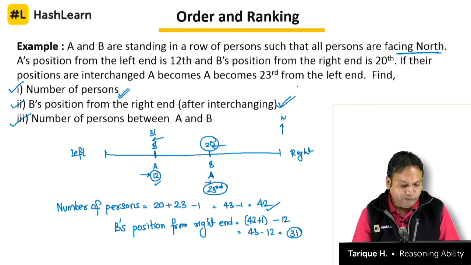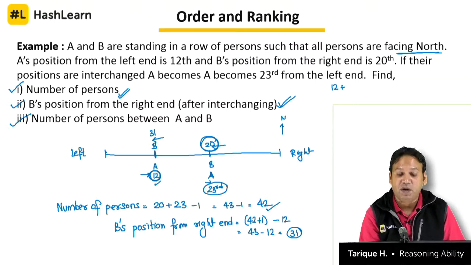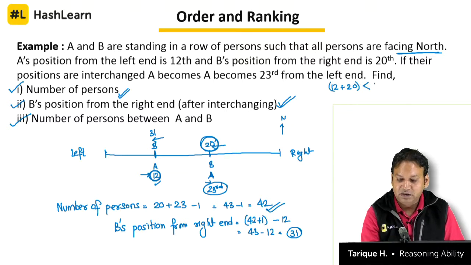Now, number of persons between A and B. We know the rank of A from the left end was 12 and rank of B initially from the right end was 20. And we know 12 plus 20 is less than the number of students in the row.